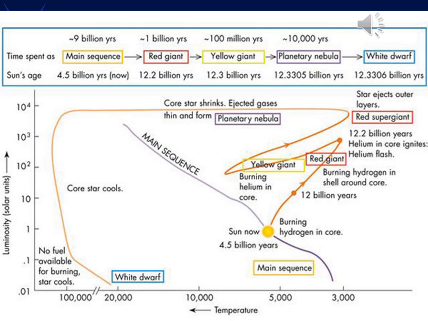It moves towards the Sun now position, then to red giant position. The intermediate steps that I didn't explain here have to do with variable stars. Then we get a planetary nebula, then we get a white dwarf.